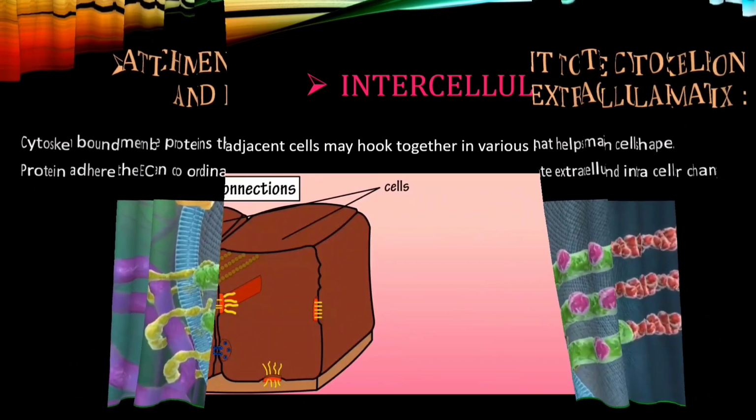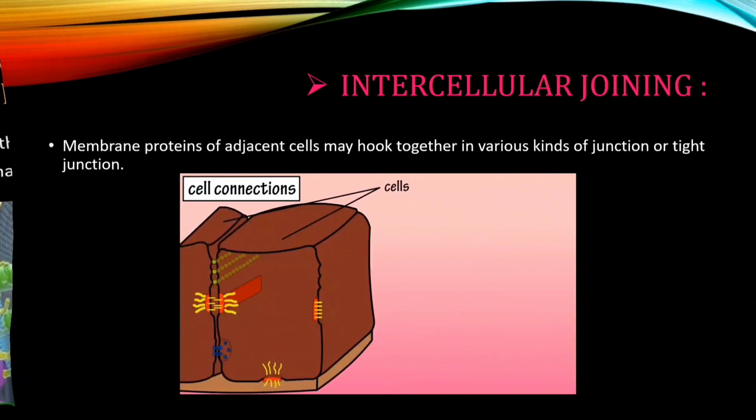Here we go. This is the intercellular joining. Membrane proteins of adjacent cells may hook together in various kinds of junctions, such as tight junctions. This is the cell connection.